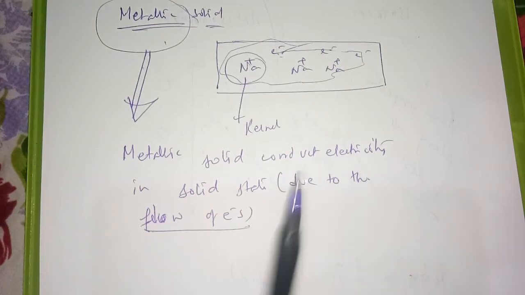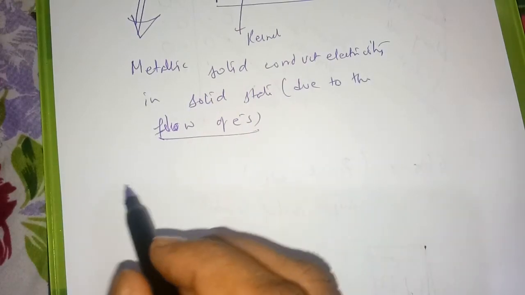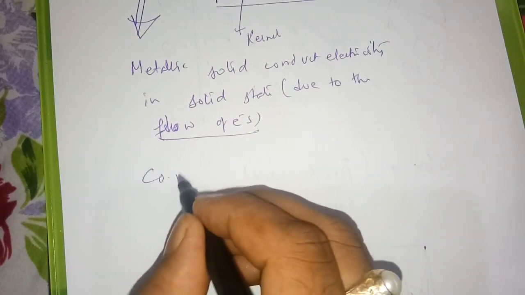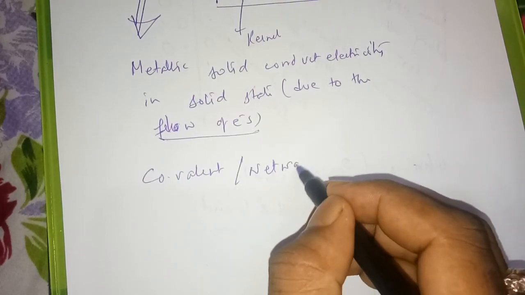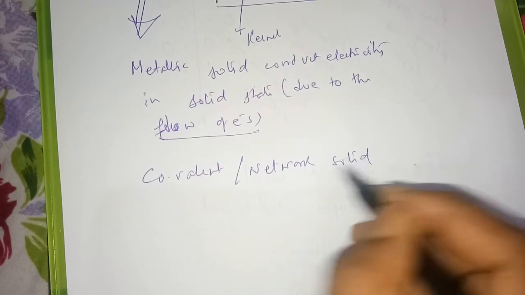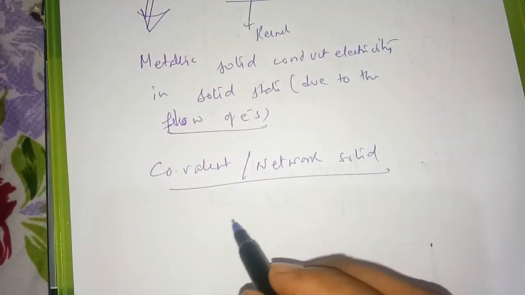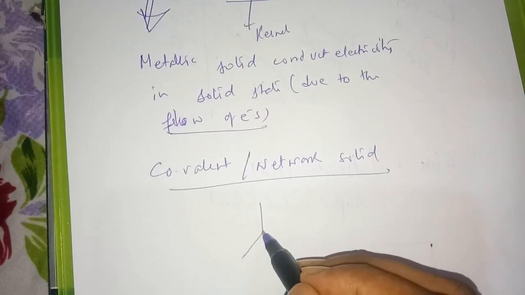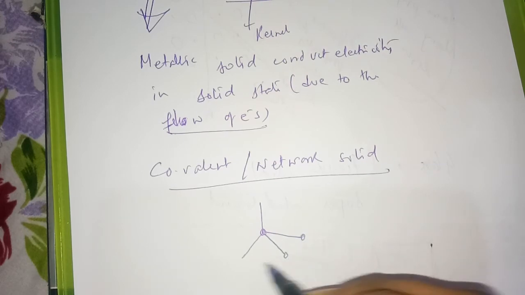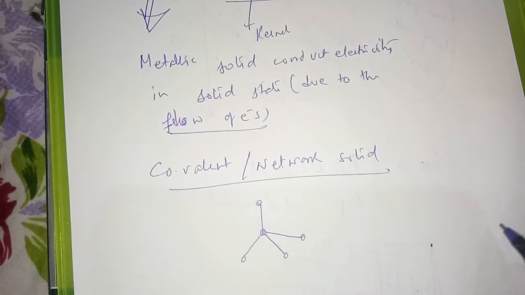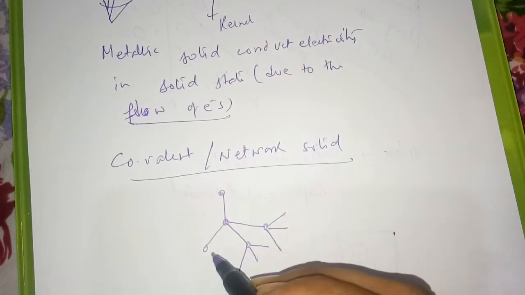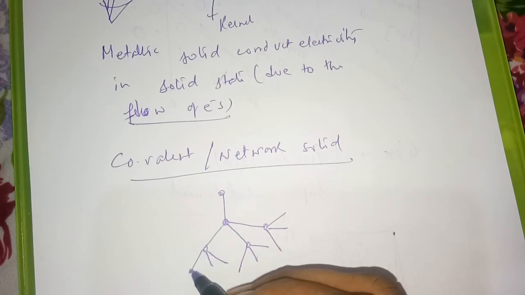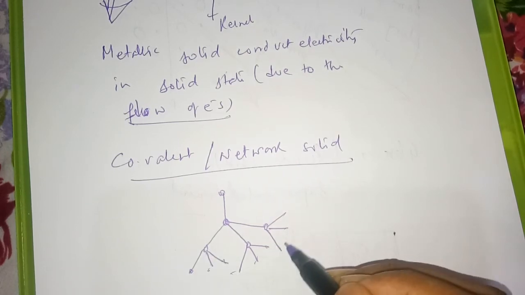The last part you are required to read is covalent or network solids. Actually, this is the structure of diamond. This giant structure takes place. So this is your covalent solid.